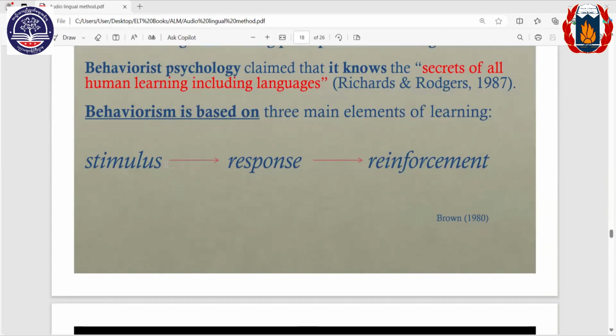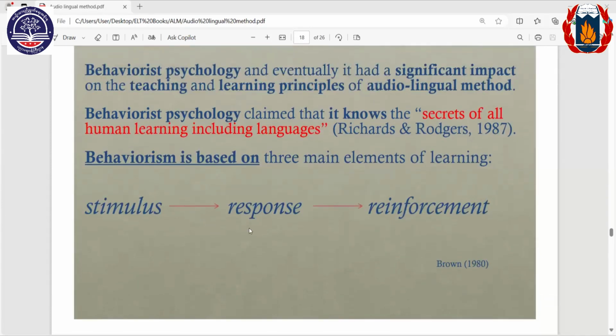They also need correction when they are not producing correctly. The teacher praises or encourages them to produce more and more. When they know that they are producing correctly, it is also reinforcement for them. That's why the audiolingual approach is based on stimulus, response, reinforcement, or behavioral psychology.